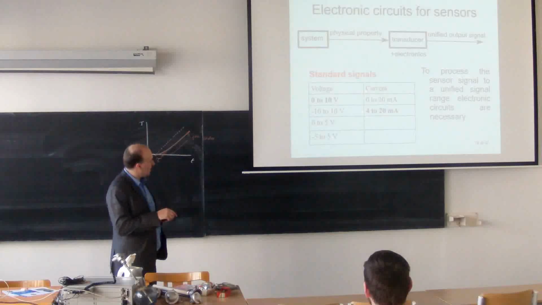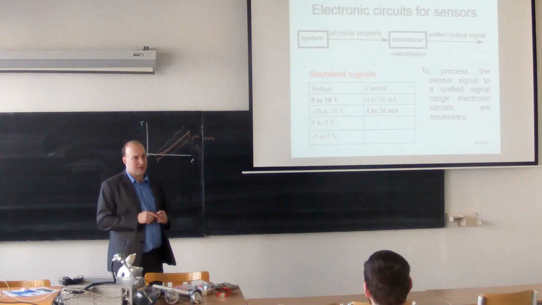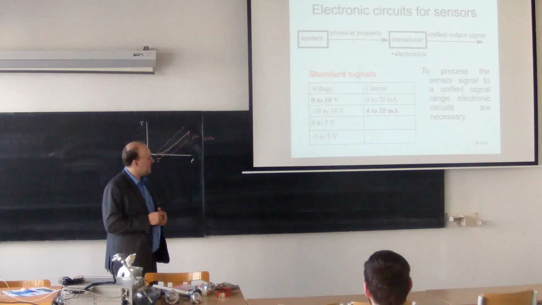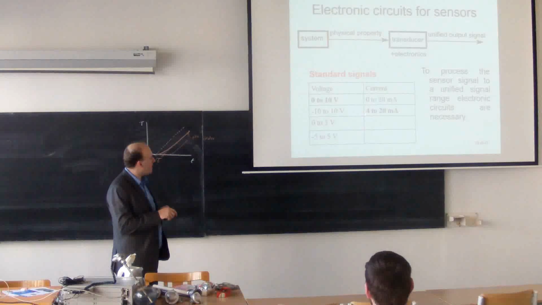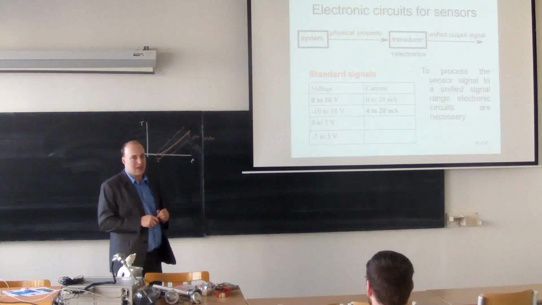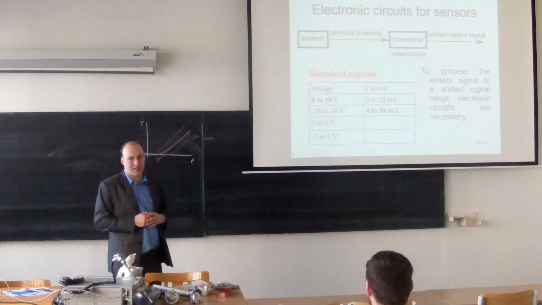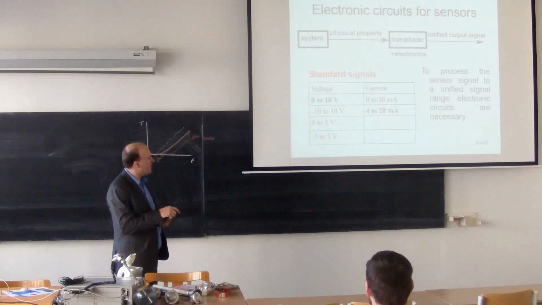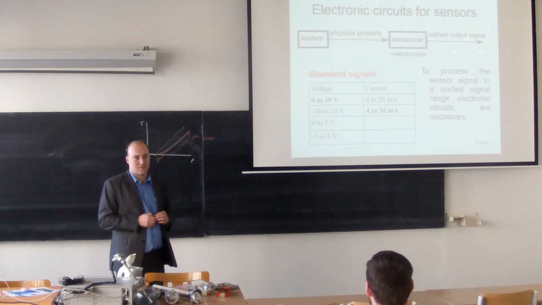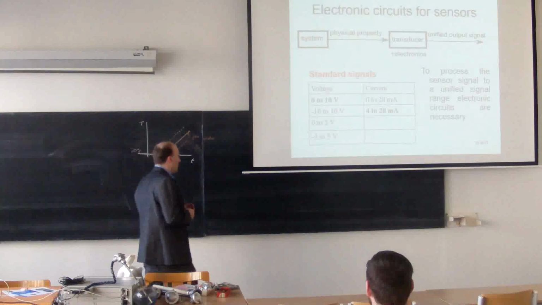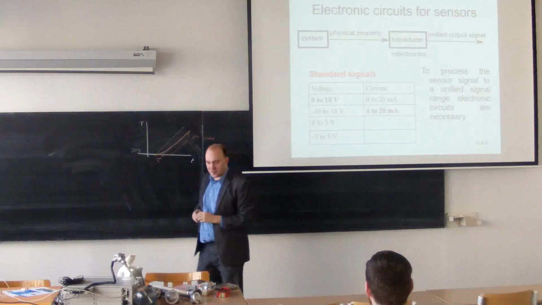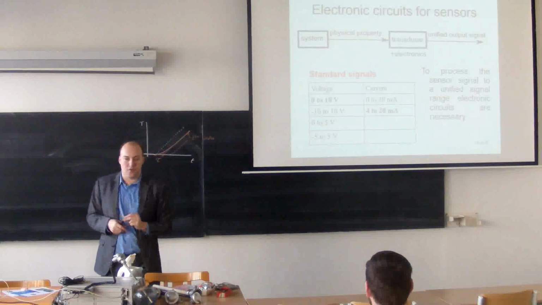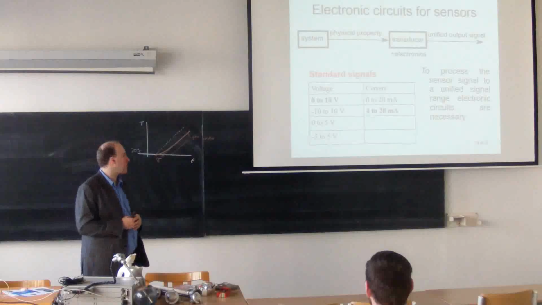It works in a similar way with current. I can say, if temperature is 0 centigrade, then current is 4 milliamps. If temperature is 100 centigrade, then current will be 20 milliamps. So the values that you see in the table are the most common standard signals used for industrial applications.